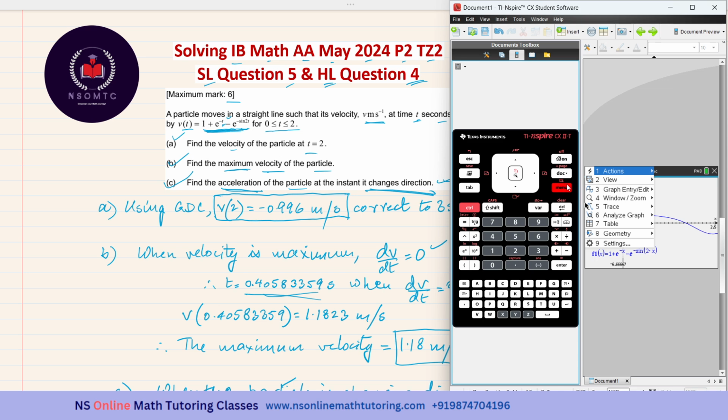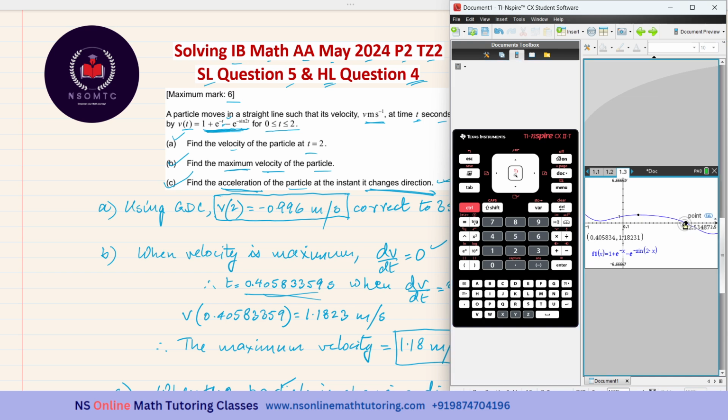If you go to menu and number 6 analyze graph, and then you have the number 5 option, dy by dx, I can press number 5, and you see the position is over here, maybe over here. So the acceleration is given as negative 2.53.